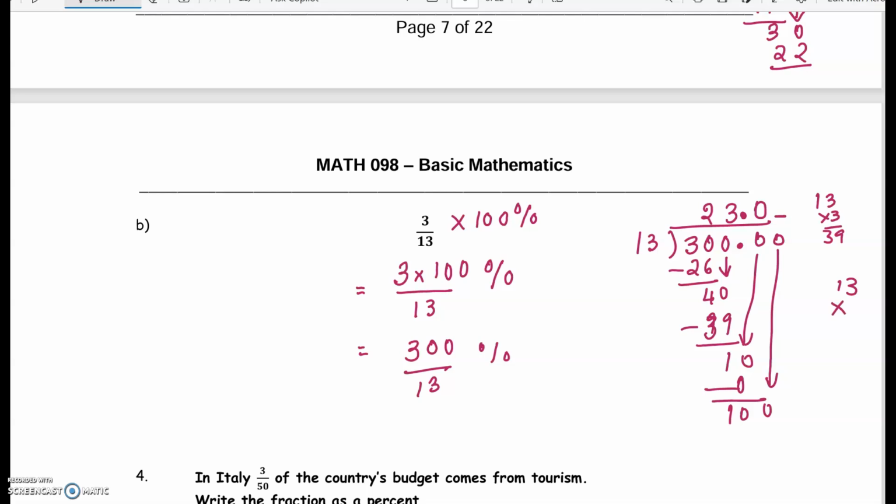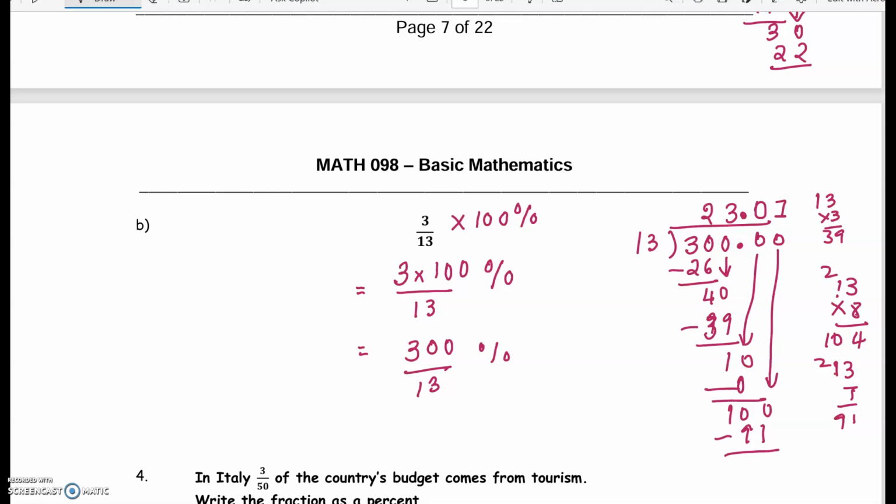So let's go 8. Let's try 8. 8 3s are 24. 8 1s are 8. 9 10. That's too big. 13 times 7. 7 3s are 21. 7 1s are 7. 8 9. So that looks okay. So that we have 13 times 7 is 91.